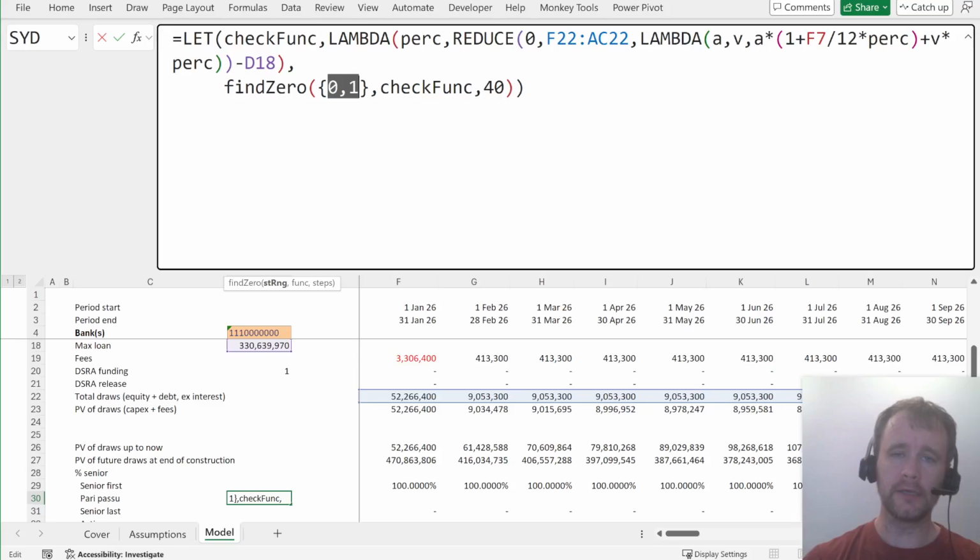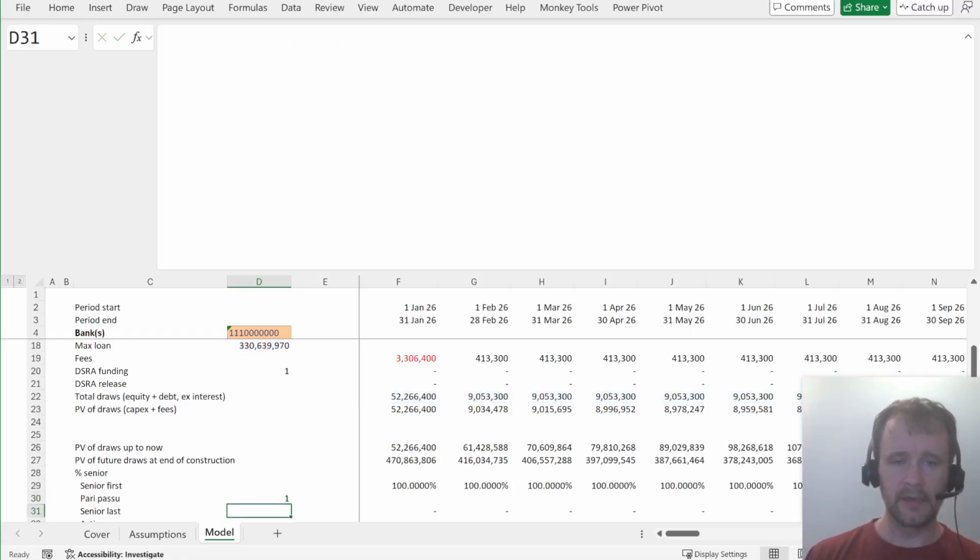So 2 to the power of 10 is just over 1,000. So 10 steps of this gets you to 1,000th. 40 steps of this gets you to a trillionth. It basically gets you accurate to 12 decimal places. So I guess you could make that 50 and you'd say, well, that's 15 decimal places, which is as accurate as Excel ever gets anyway.